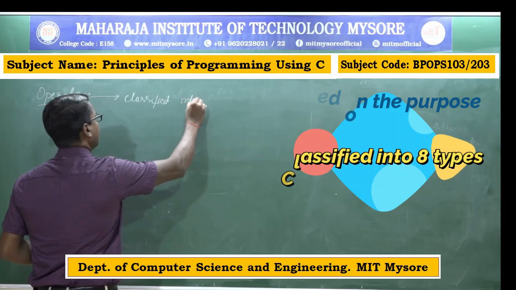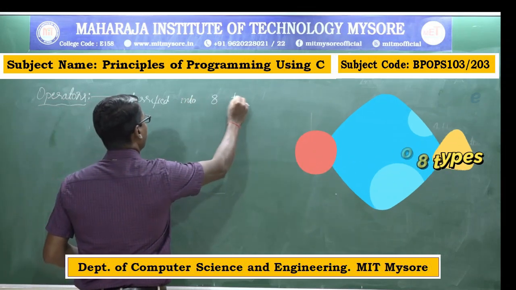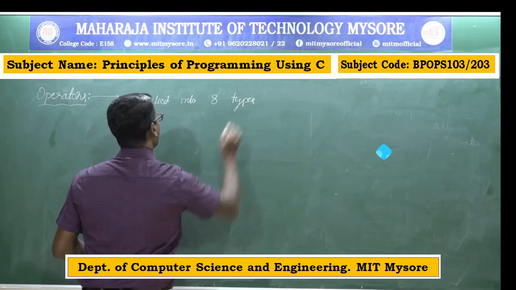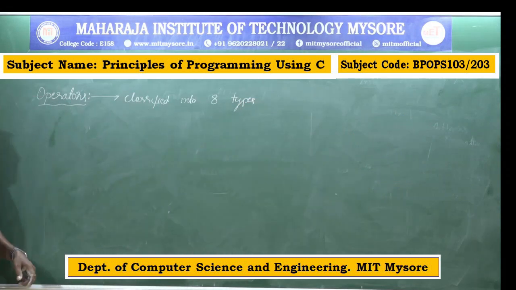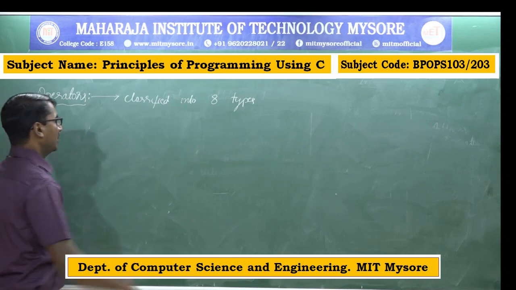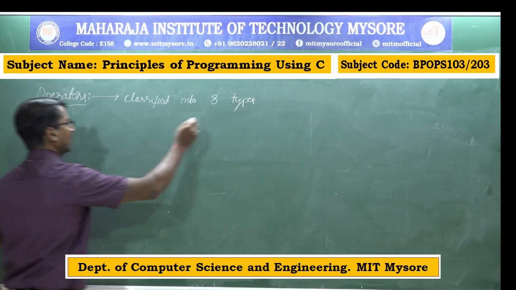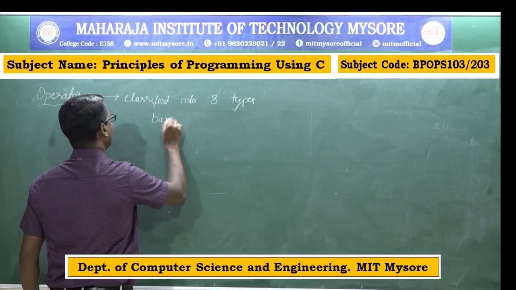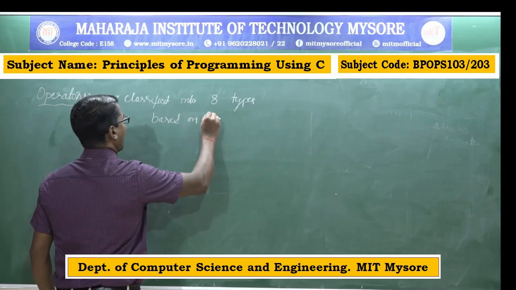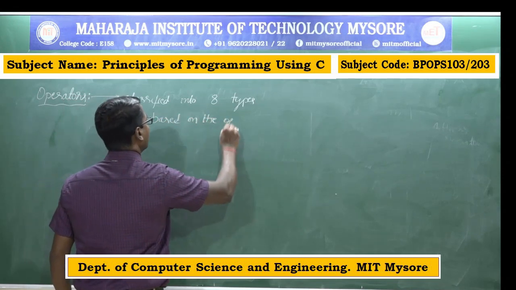In C language, operators are classified into 8 types based on the operation.